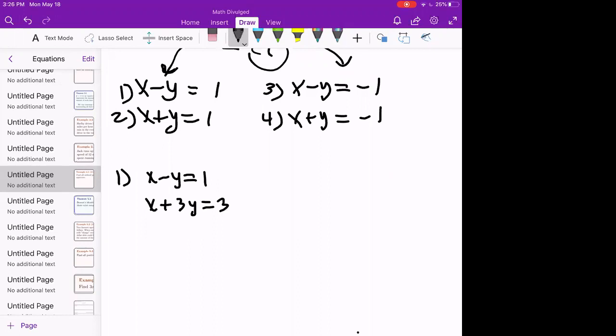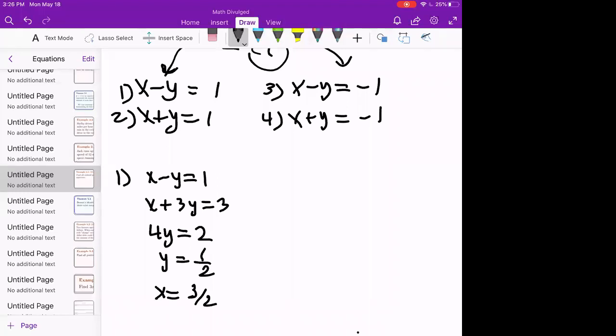This will give us 4y is equal to 2, which gives us y is equal to 1/2. And then if we plug this into either equation, we should get that x is equal to 3/2. So this is one of our potential solutions. And then again, once we get all 4 solutions, we're going to check them to make sure they all work, since again, we have the chance of encountering extraneous cases when dealing with absolute value equations.